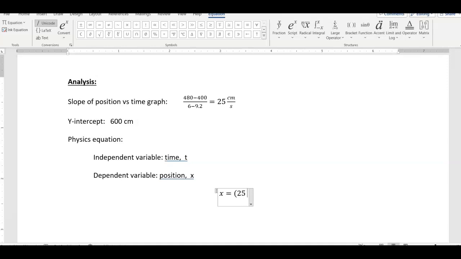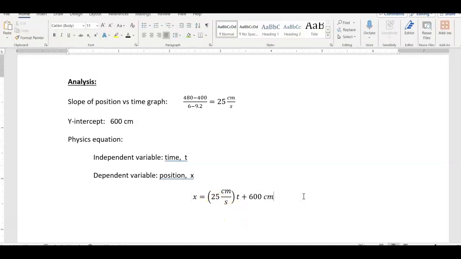So 25 space centimeters slash second space, so that it orients those units as a fraction. Close the parentheses, hit the space bar, and that makes it look pretty. And then I'm going to put t, and then I add my y-intercept and put units on the y-intercept.